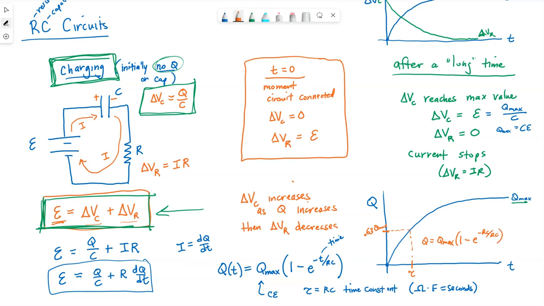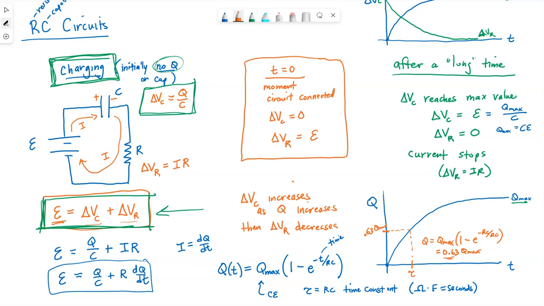If I take 1 minus e to the negative 1, I get 0.63 Q max. So this time constant is related to the amount of time it takes to reach 63% of its maximum value. The next time constant, it will have reached 63% of what's left to reach.